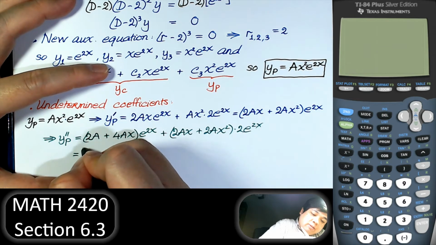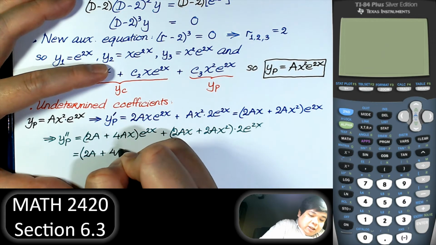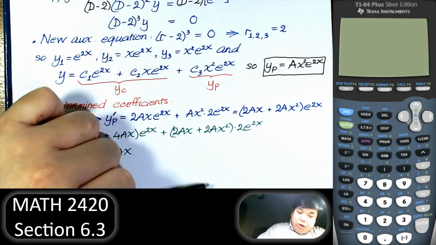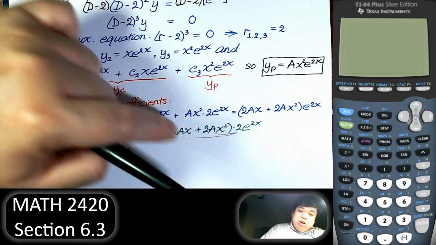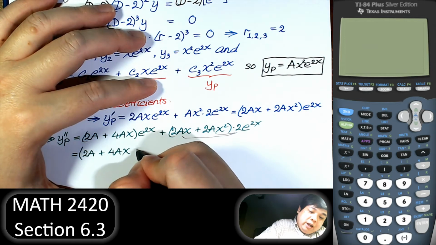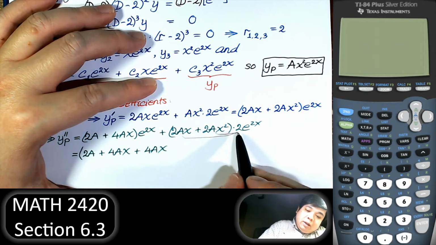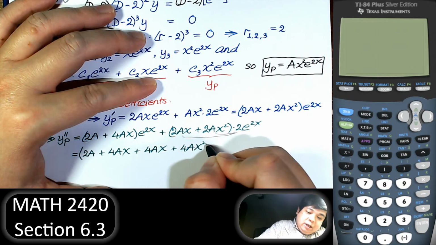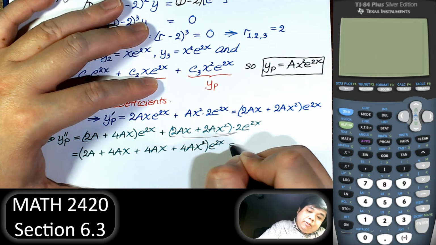We will have 2a plus 4ax. Notice there will be a 2 that we need to multiply back in. Distributing the 2 inside, we have 4ax and 4ax squared times e to the 2x.